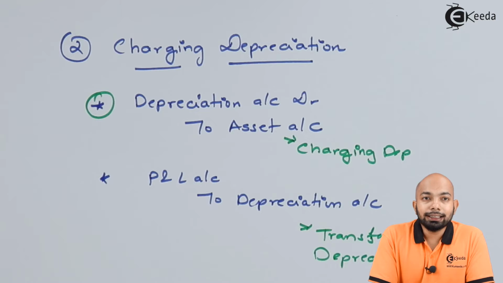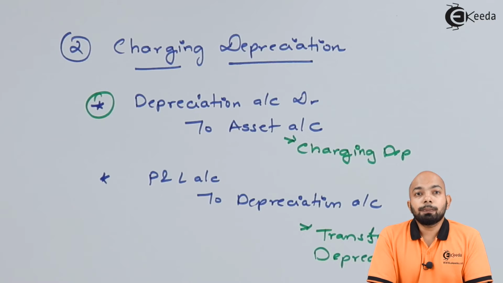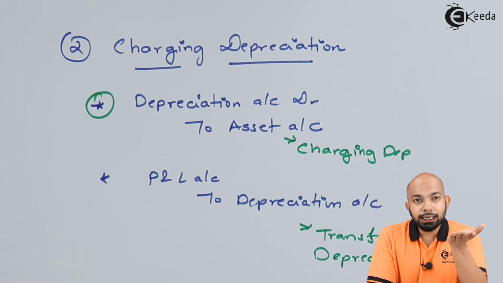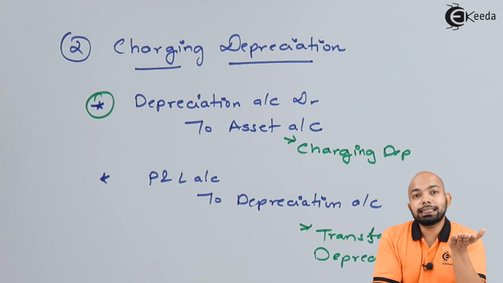The entry that will be mentioned when it comes to charging depreciation will be depreciation account debit to asset account. Now, this specific depreciation is a reduction in the value of the asset. Hence, if you remember, asset procured, debit side increases; asset sold out, or if there's a reduction, credit side decreases.